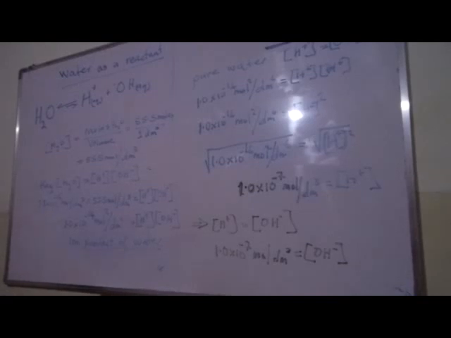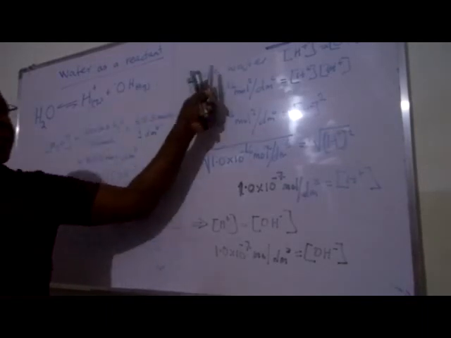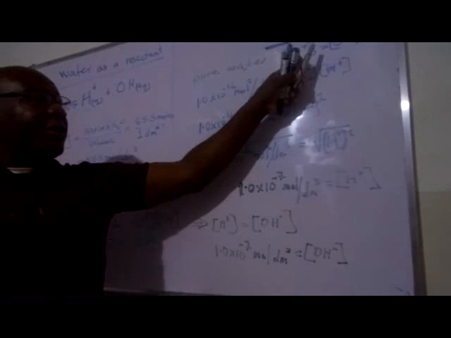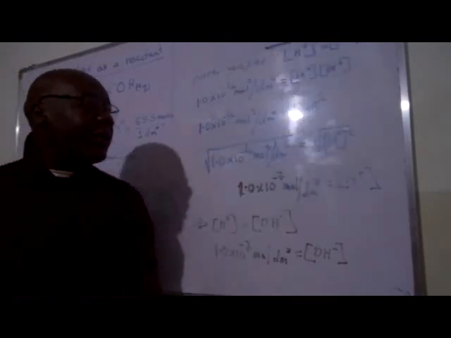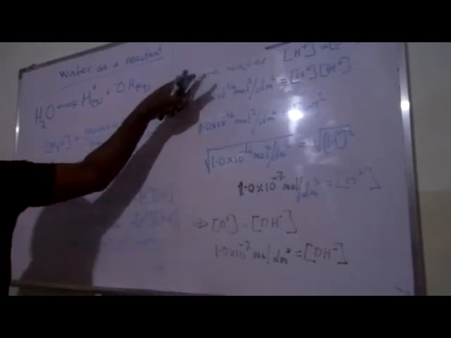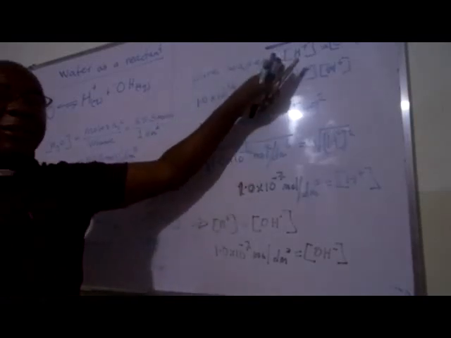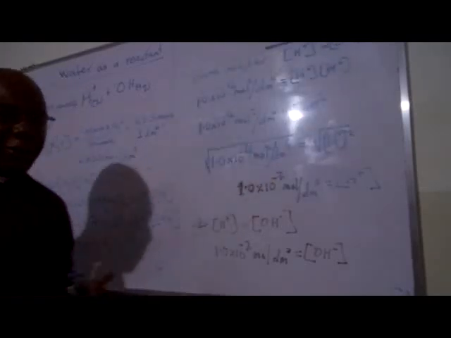Right. Now, what is key to note is that we have said pure water has the concentration of hydrogen ions equal to the concentration of hydroxide ions. That's pure water. If it's not pure water, it's water in which other solutes have been dissolved. It will not be pure. You may have more hydrogen ions or you may have more hydroxide ions.